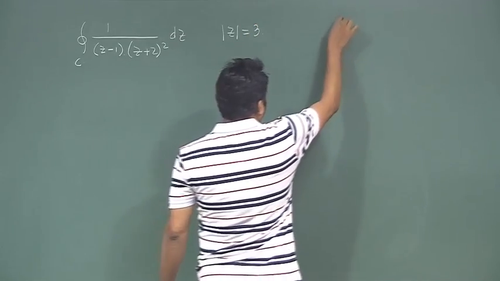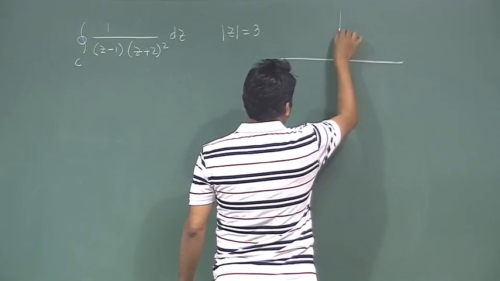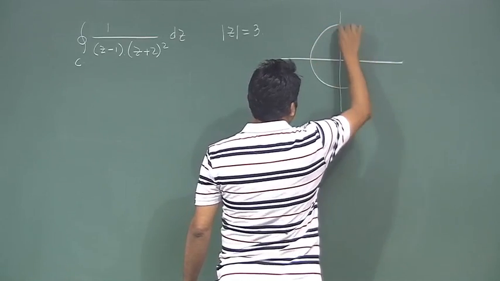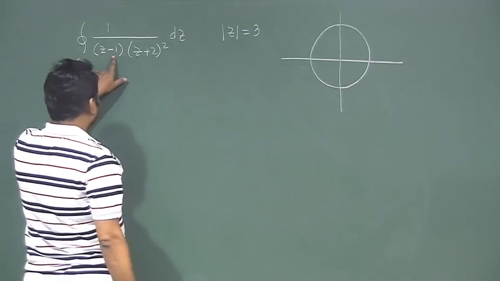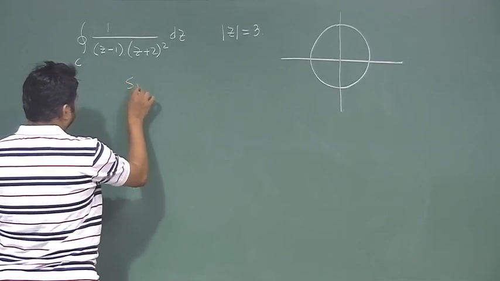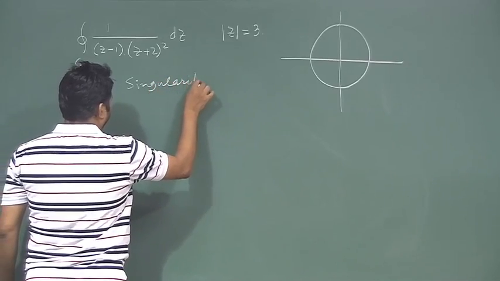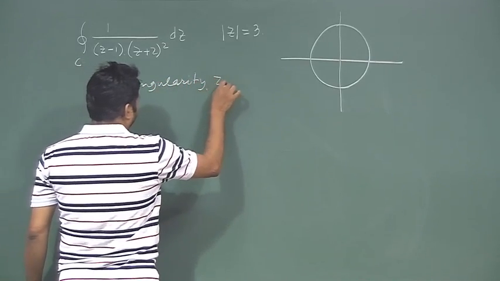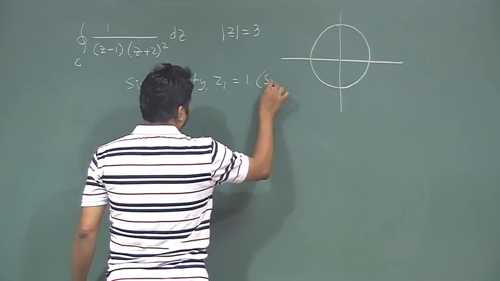So, mod of z equal to 3 means I should have a circle with radius 3. This is a circle with radius 3. Let us first find the singularities. One singularity, Z1, is at 1; this is a simple pole.